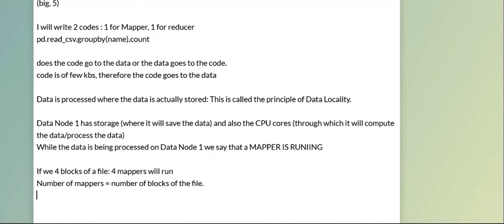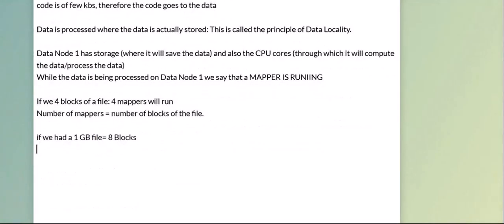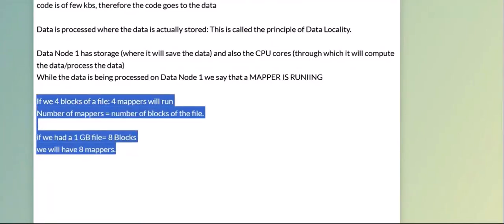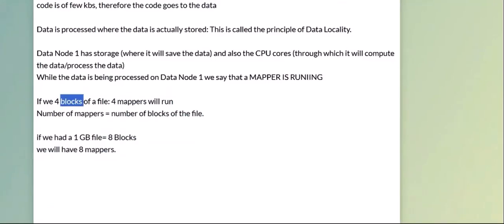And how do I defend that? For example, if we had a 1 GB file, we will have 8 blocks. And for 8 blocks, how many mappers will we have? We will have 8 mappers. So please note this relationship between mappers and blocks.